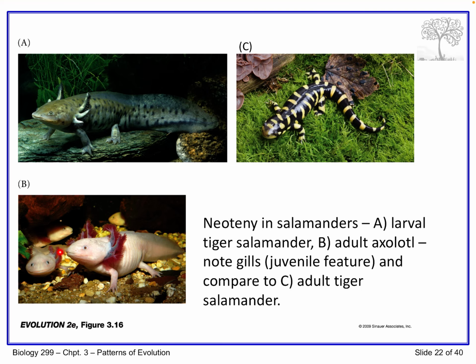Now, bottom left, what you have looks like a juvenile salamander. It's not. This is an axolotl. It's the adult, a sexually mature adult axolotl. But you see it's retained the gills and the laterally flattened tail. It looks, by and large, just like a juvenile tiger salamander. But this is a result of neoteny, where you had a reduction in the growth rate of somatic characters compared to sexual characters.